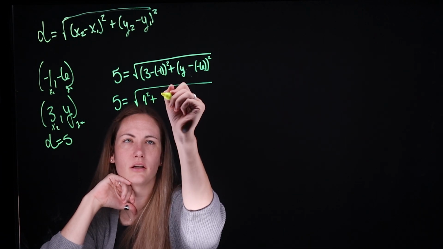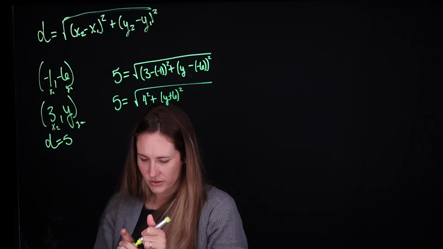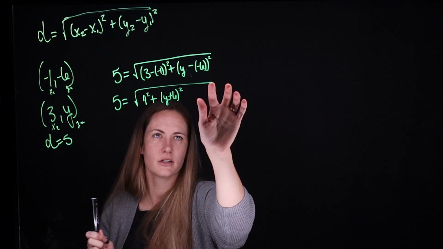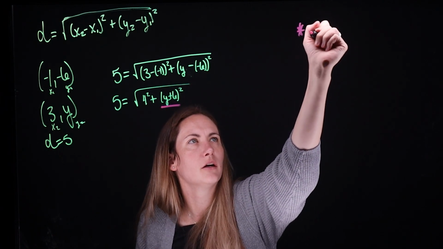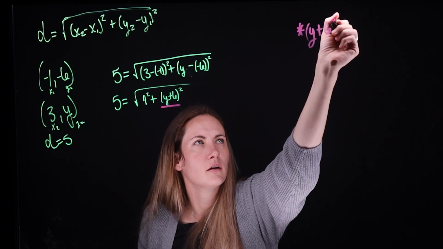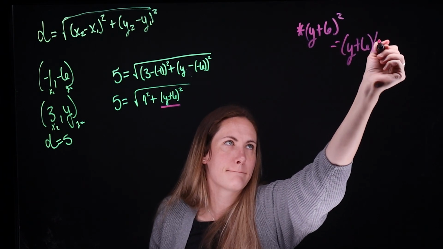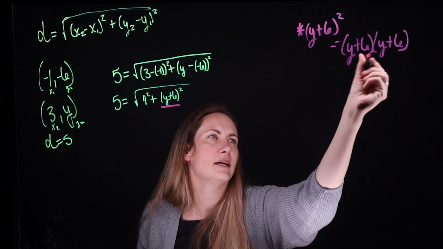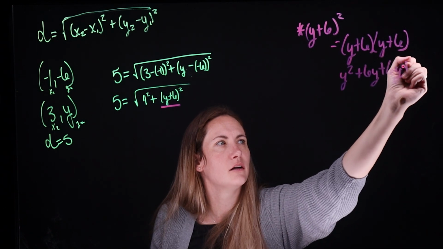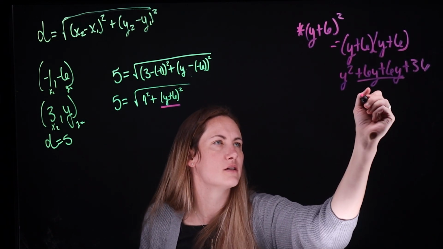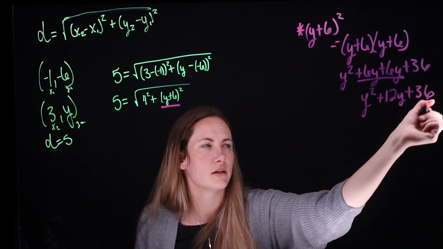squared plus, I'm going to change this just to (y plus 6) squared. Now we have to square that, and when we square this y plus 6, I'm going to remember that y times y is y squared, plus 6y plus 6y, plus 36. So y squared plus 12y plus 36.